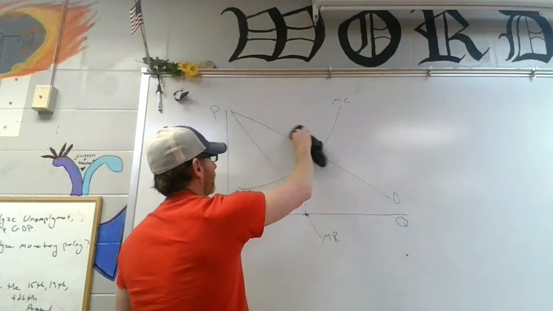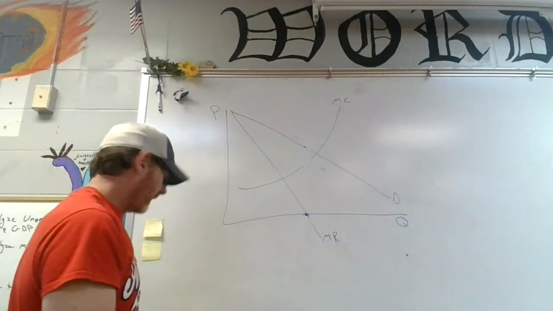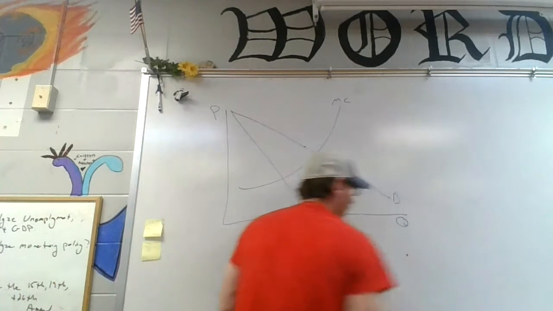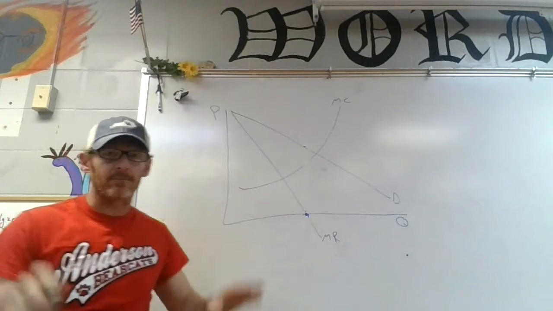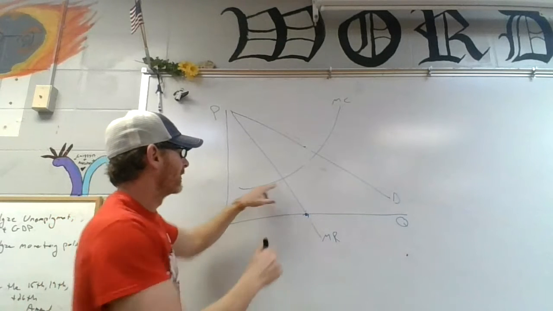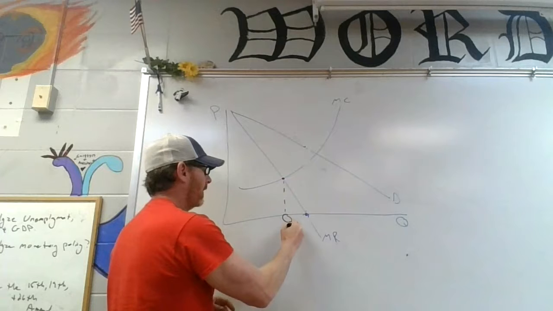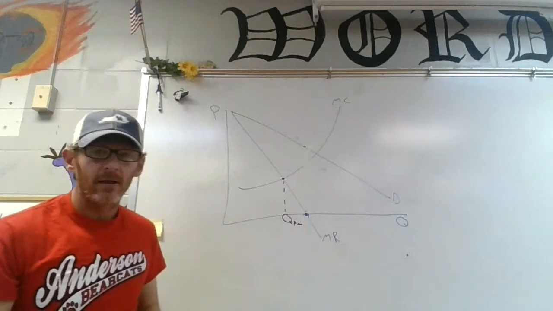So let's look at the rest of this. Before we move on any further, let's talk about basic profit maximization. Basic profit maximization is where marginal revenue hits marginal cost. So that's our profit maximizing quantity.